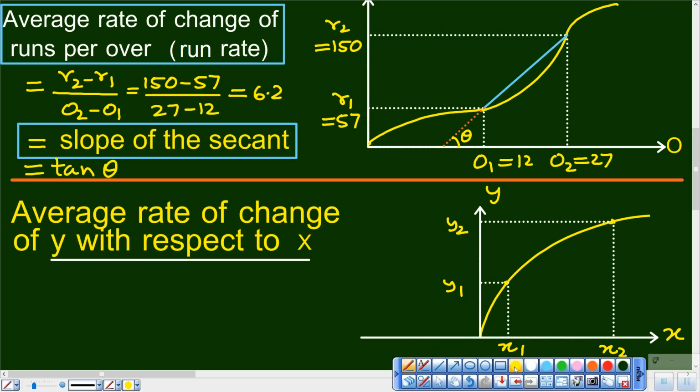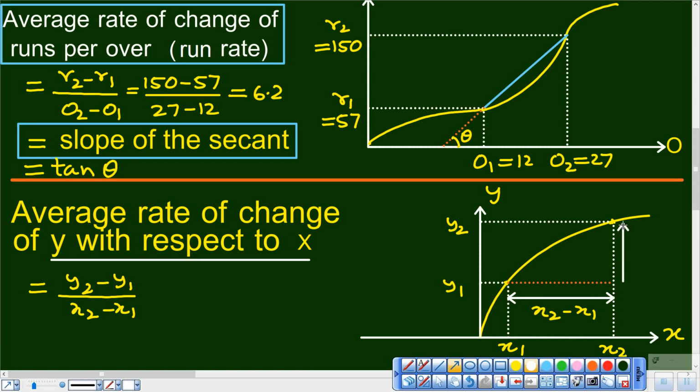We get this as equal to y2 minus y1 upon x2 minus x1, because if I draw a line joining these two, this would be the run, x2 minus x1, and this would be the rise, that is y2 minus y1.